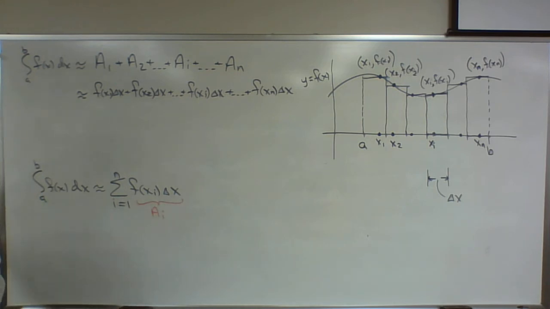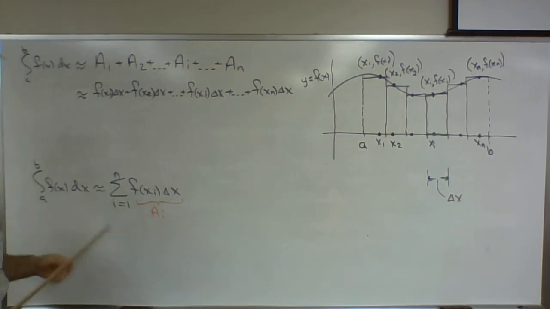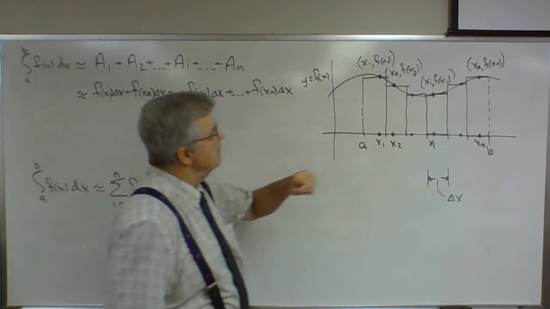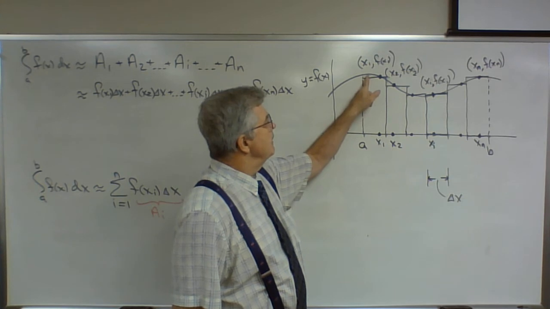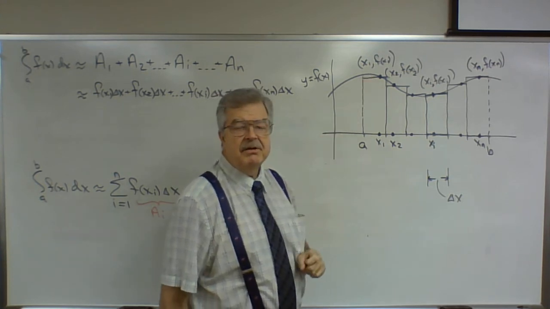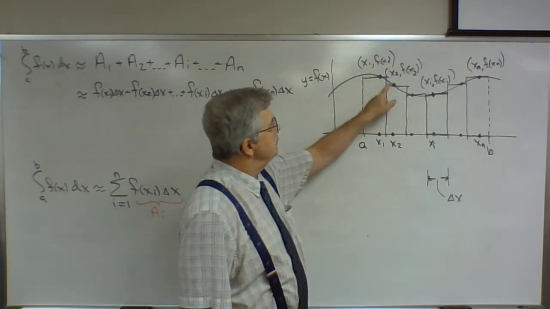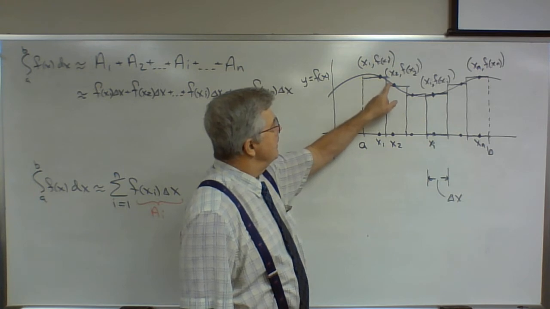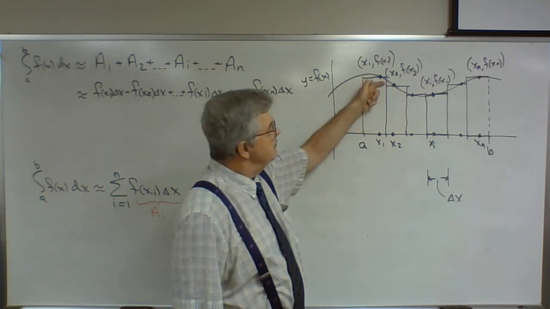Now there's a problem. This is only an approximation. And the reason it's only an approximation is that this first rectangle is excluding area, this area right here, that should be included as part of the definite integral. This second rectangle is excluding area right here that should be part of the definite integral.